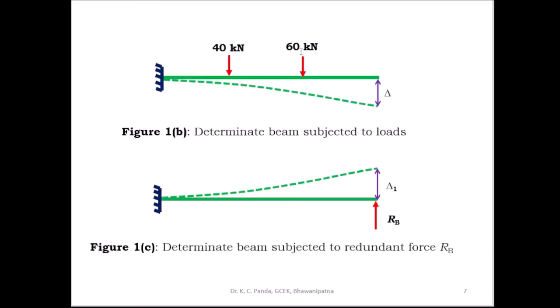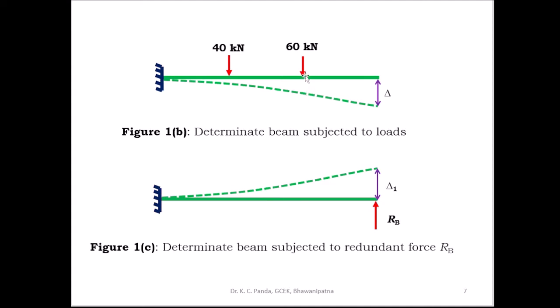Similarly, due to the 60 kilonewton load, you have to find out the deflection here and the slope here. The deflection is equal to 60 into 4³ divided by 3EI, and the slope under the 60 kilonewton load is equal to 60 into 4² by 2EI.